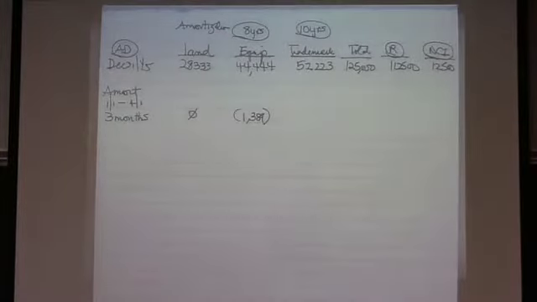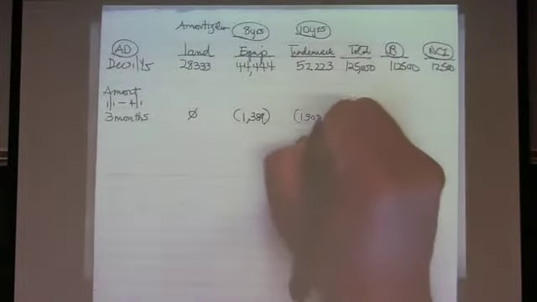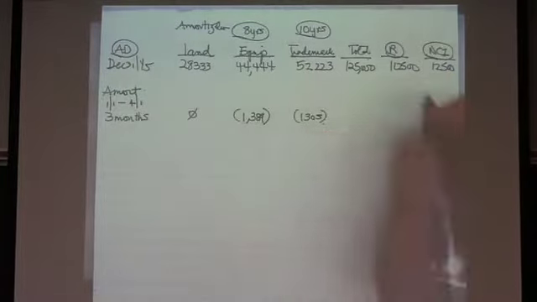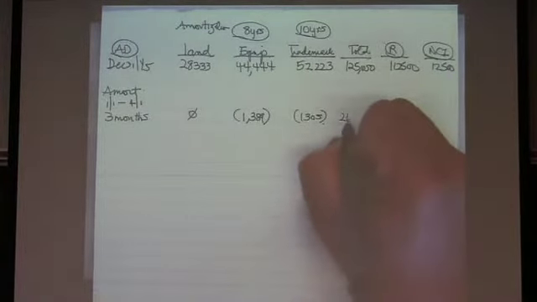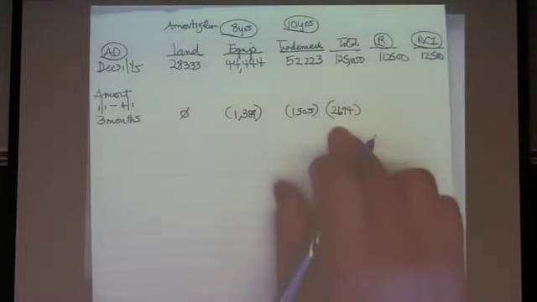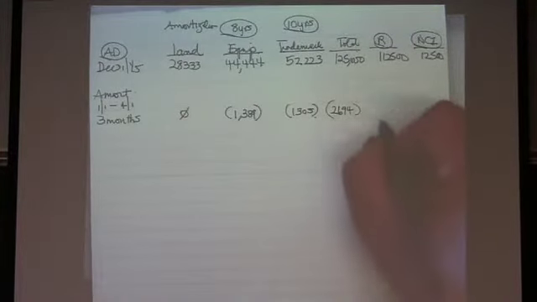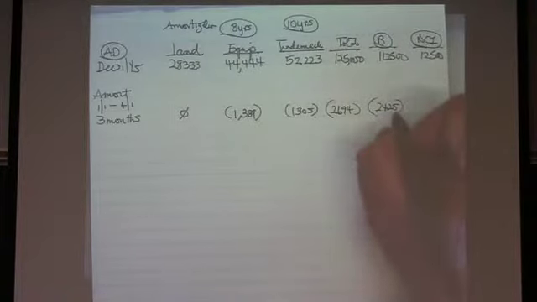It's 52,223 divided by 10 years times 3 over 12, which gives us 1,305. The total amortization is 2,694. And how much of that is Regent's? Well, it's going to be 90% of that, which is 2,425. And 10% is 269.